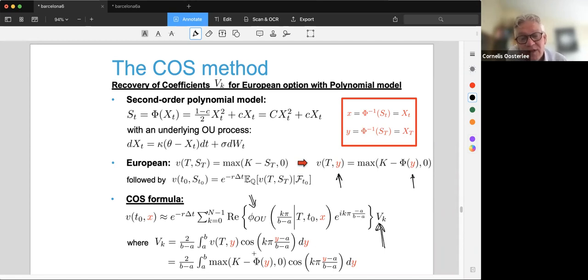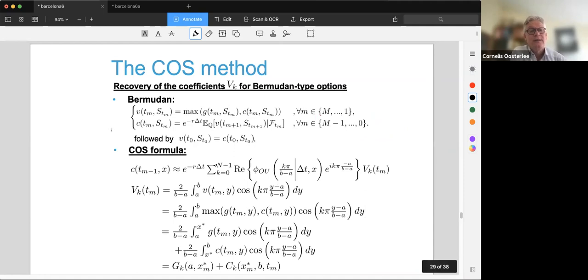And these option coefficients then have psi y inside and then dy. So now it is all related to that Ornstein-Uhlenbeck process for which we have a characteristic function.